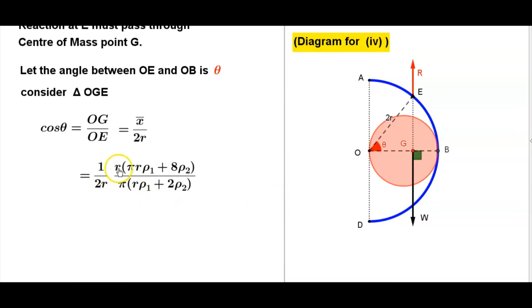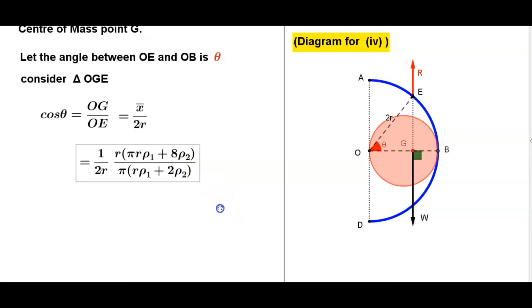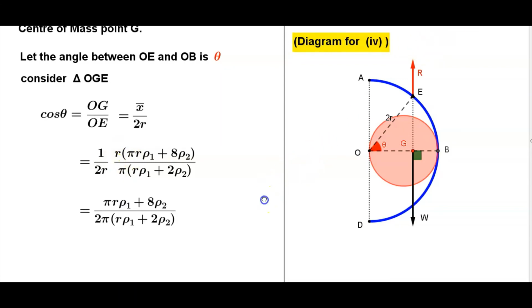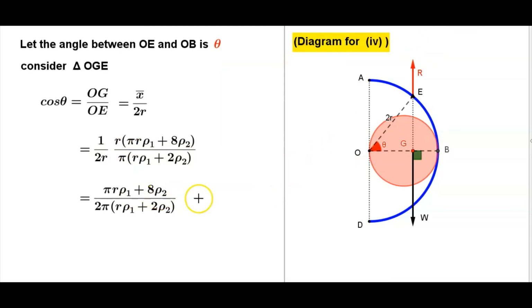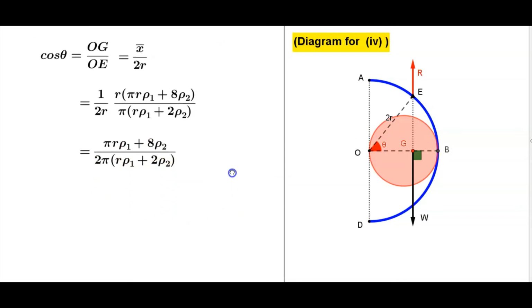1 over R into x bar, R into (pi r rho 1 plus 8 rho 2) over pi into (r rho 1 plus 8 rho 2). R cancelled. Therefore, this is (pi r rho 1 plus 8 rho 2) over 2 pi into (r rho 1 plus 2 rho 2).